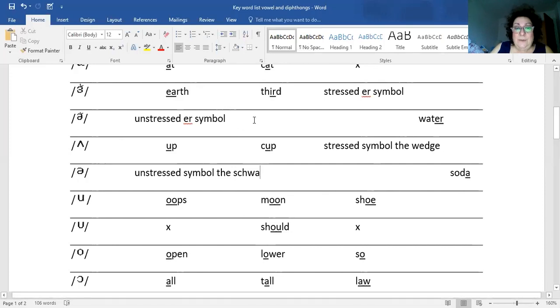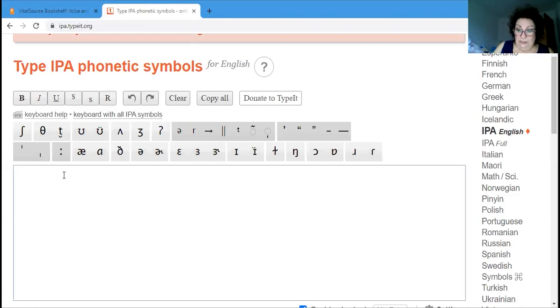Okay, so up and cup, we'll go to our keyboard and we will write those key words in phonetics. So we have our wedge for up, and we have our wedge for cup, and then in final position we have our schwa for soda.